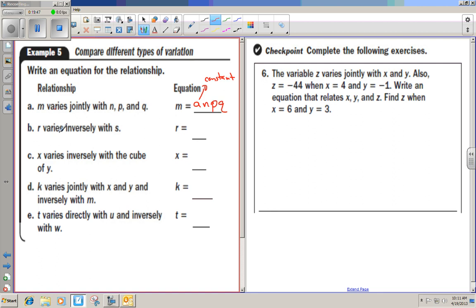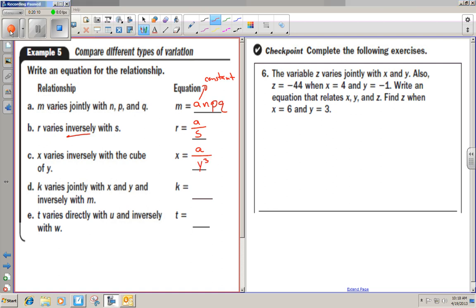B, R varies inversely with S. Inversely means it's the fraction, so A over S. X varies inversely with the cube of y. So again, it's inversely, A over the cube of y.